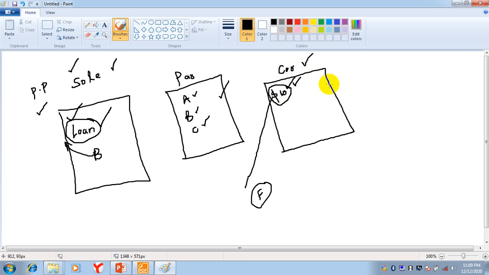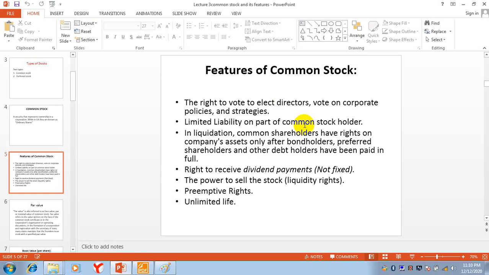If the corporation is unable to repay the loan, then the whole corporation's assets will be sold and the loan will be repaid. If the loan is still not repaid, they can't come to sell your personal property. So your liability is limited up to your investment of $10. So that is limited liability. Here the liability on the part of the common stockholder is limited.